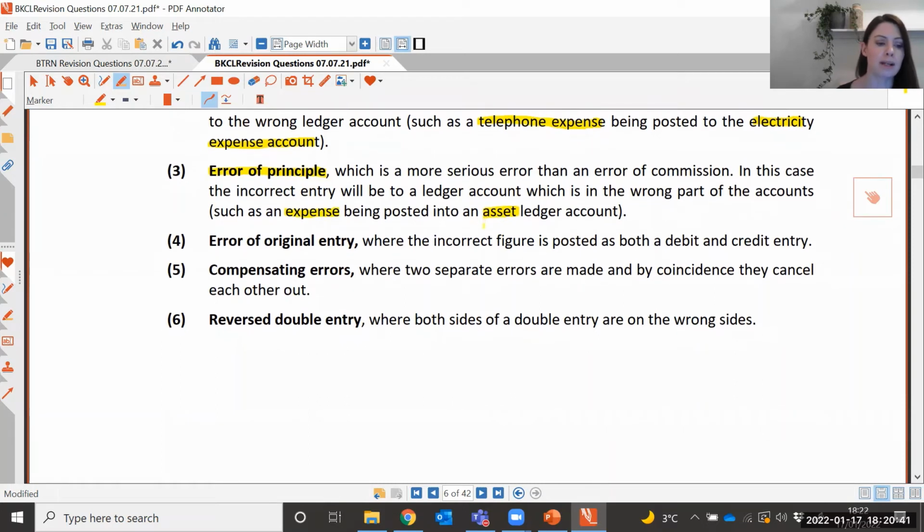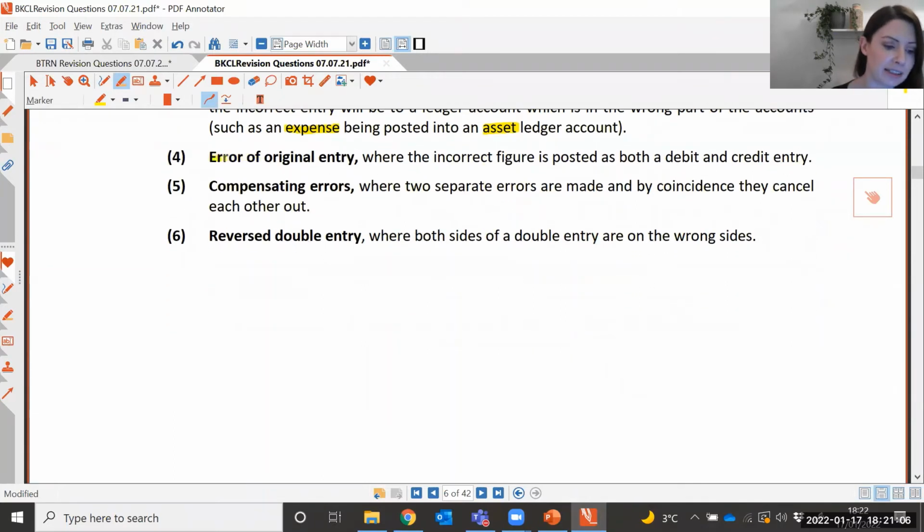So try to remember, error of commission is where it's the right type of account, such as an expense account, is just the wrong one. Whereas error of principle, it's the totally wrong type of account that's been used. So it could be an asset account instead of an expense account, or an income account instead of a liability account.